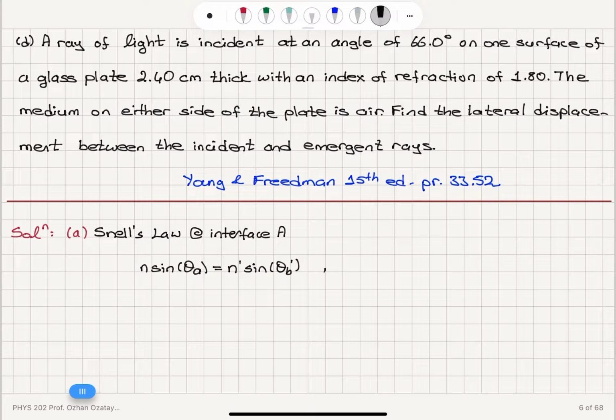I know that theta B and theta prime B are the same because we have parallel flat surfaces at these interfaces, bottom and top. Now I'm going to write Snell's law of refraction at interface B.